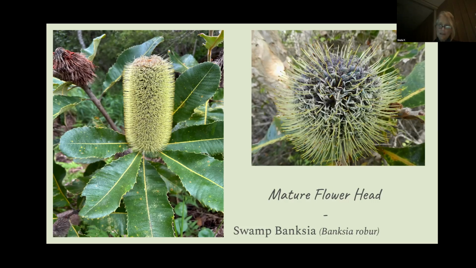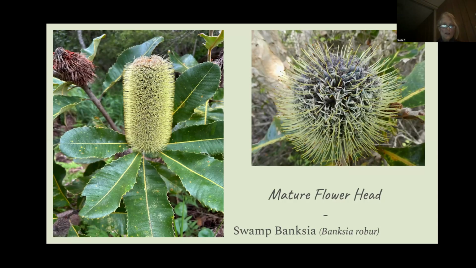On the end of the style is the stigma, which receives the pollen during pollination. Each one of these spiky parts represents an individual flower on the flower head. The stamens are recurved, and they're all jumbled up here in the center, close to the axis of the cone.